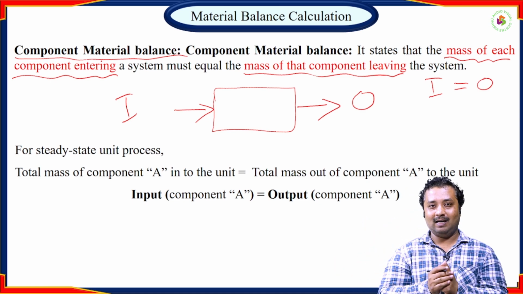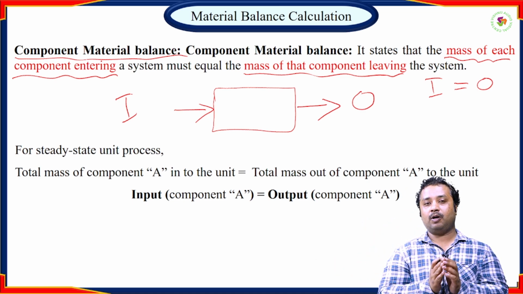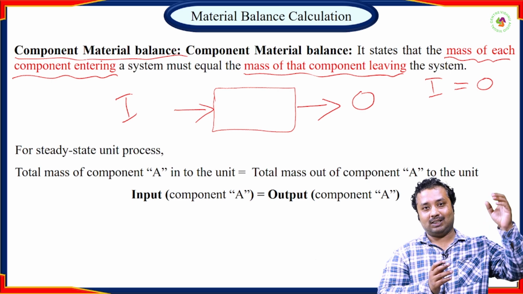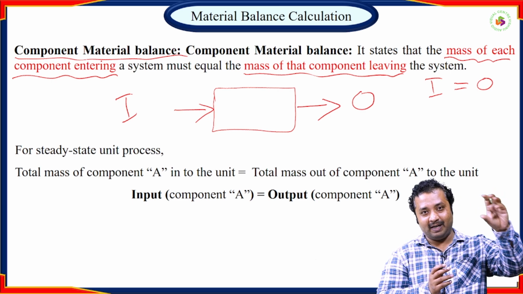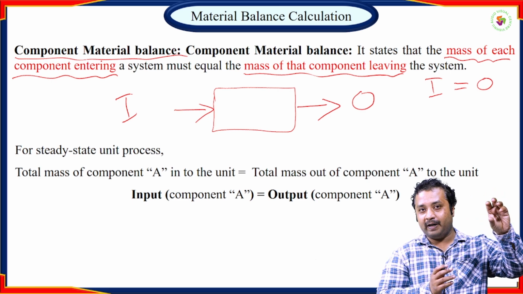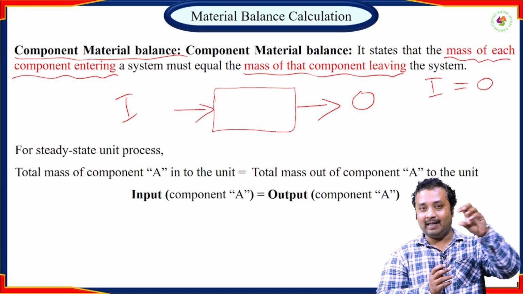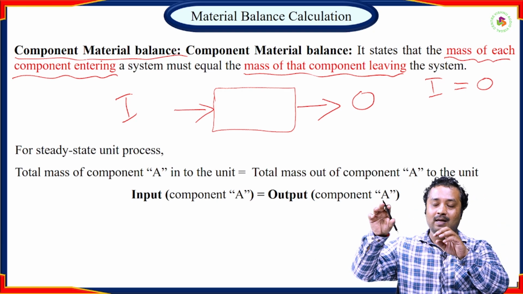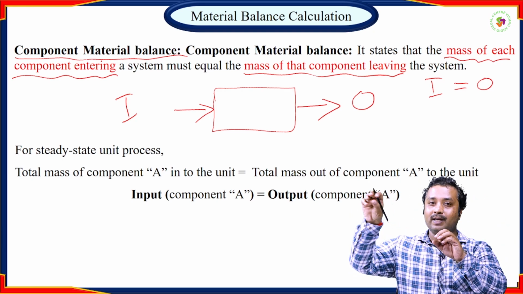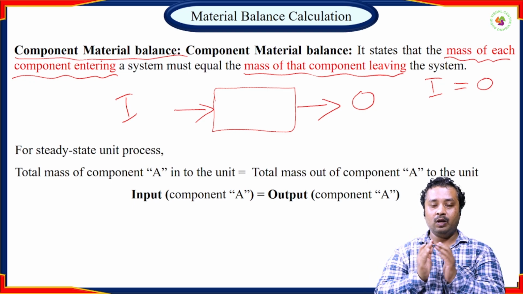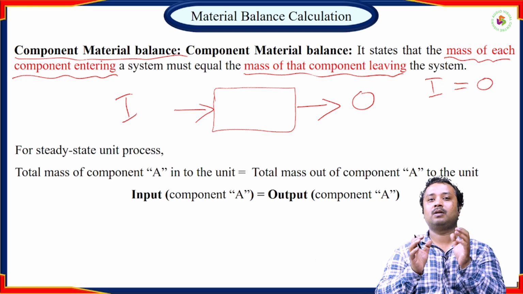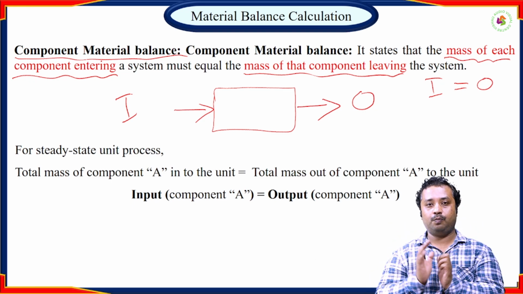But in component material balance, we consider each component. Suppose one component is there: how much of that component is entering the system, and how much of that component is leaving the system. We consider only the component's input amount and output amount. That is called component material balance.